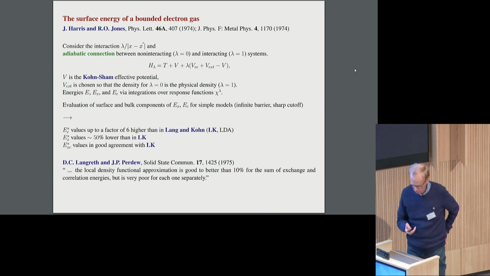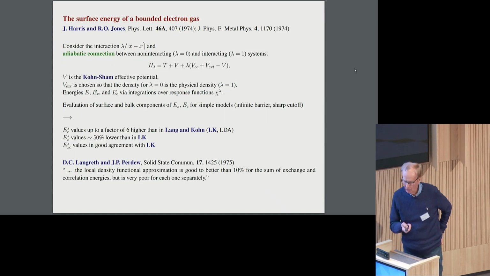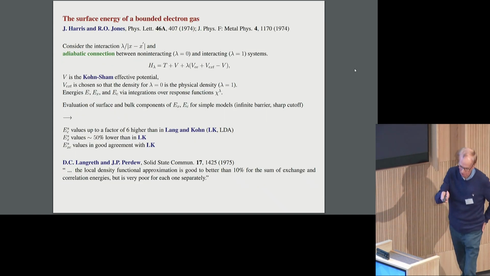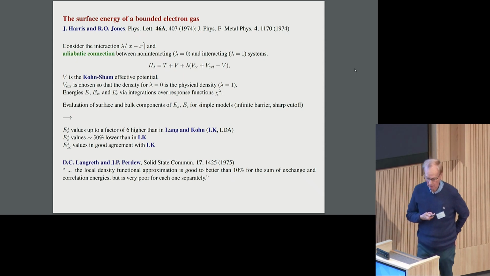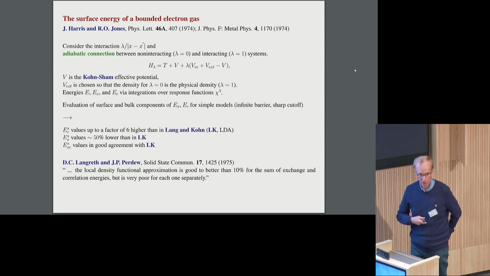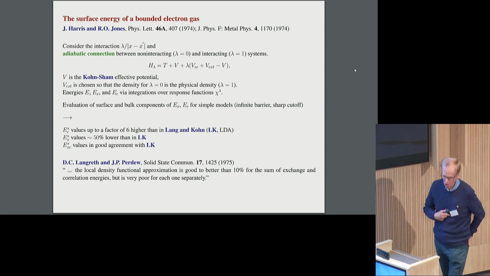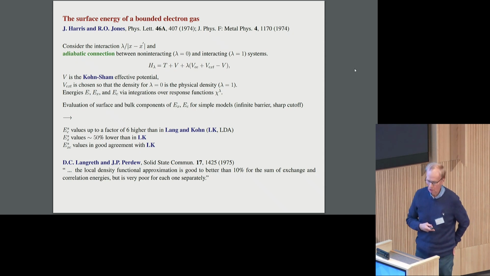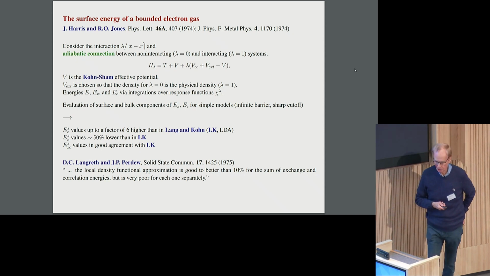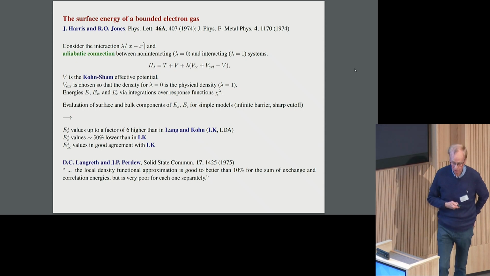And this is from their paper: once again, rather good agreement with the Lang and Kohn results, provided that you did not look at the components, the exchange and correlation components. So they said that the local density functional is good to better than 10% for the sum of exchange and correlation energies, but very poor for each one separately.